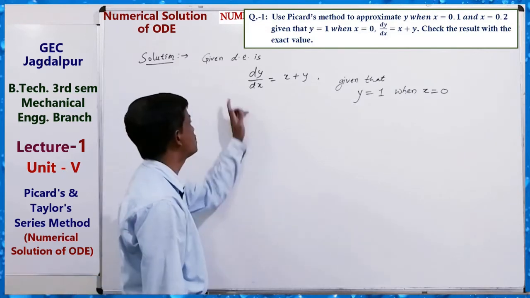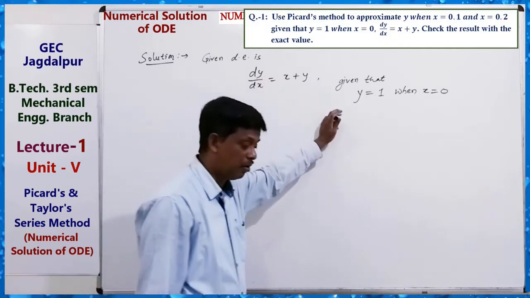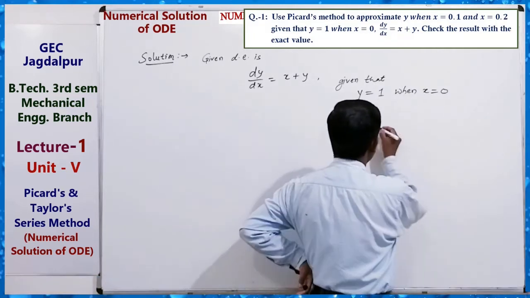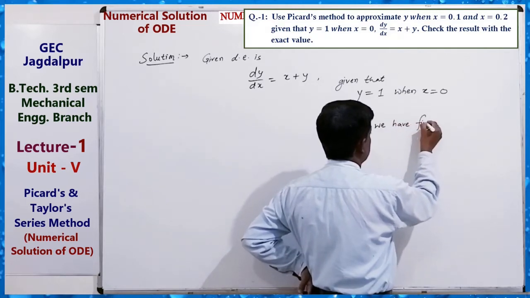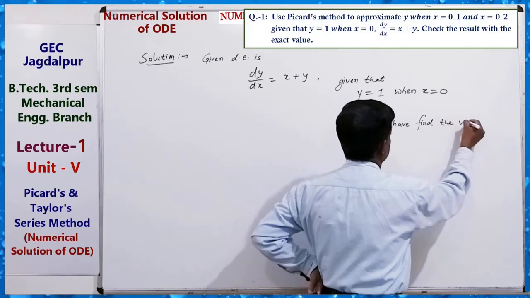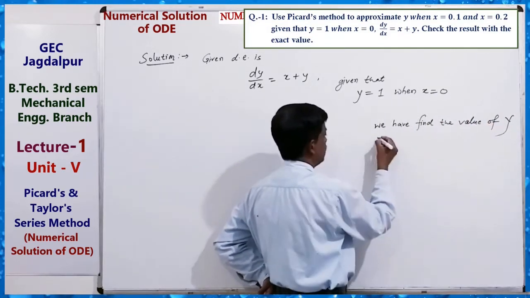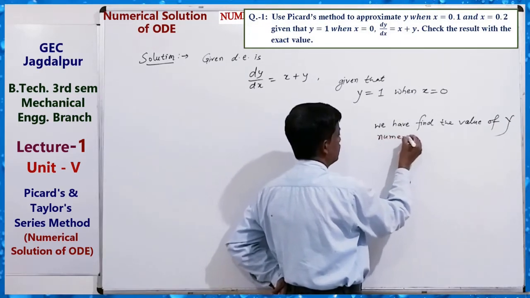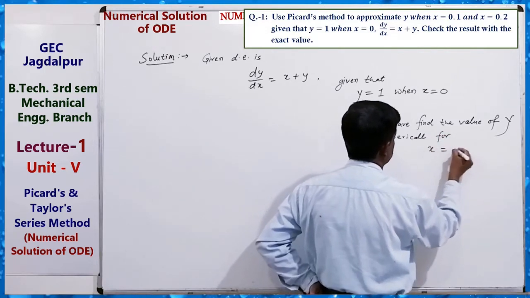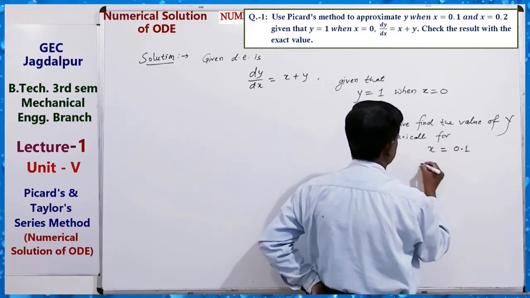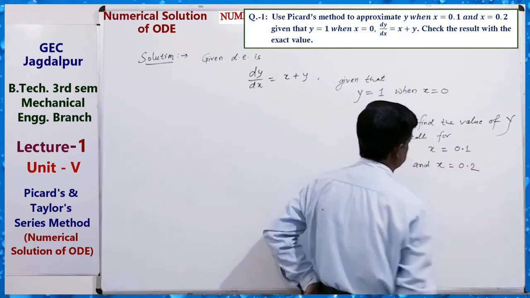We have to find the value of y numerically for x equals 0.1 and x equals 0.2.